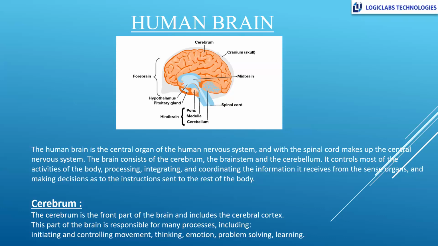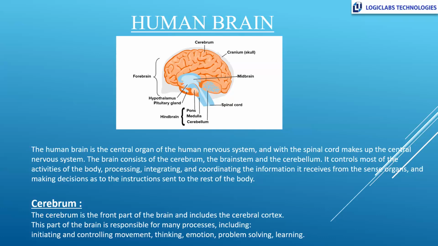Okay. The next one is the communication between the central nervous system and the other parts of the body, whatever parts of the body it may be. It is mainly facilitated by the peripheral nervous system.